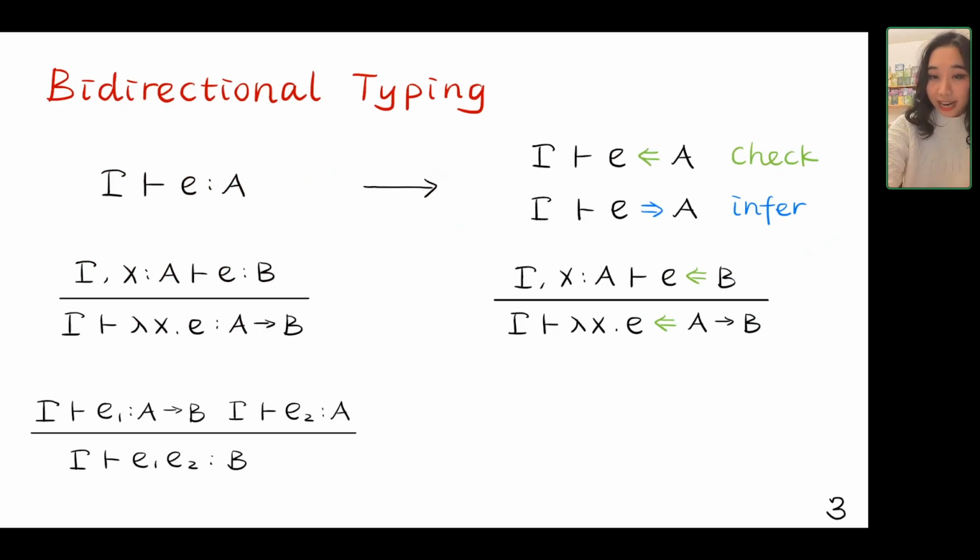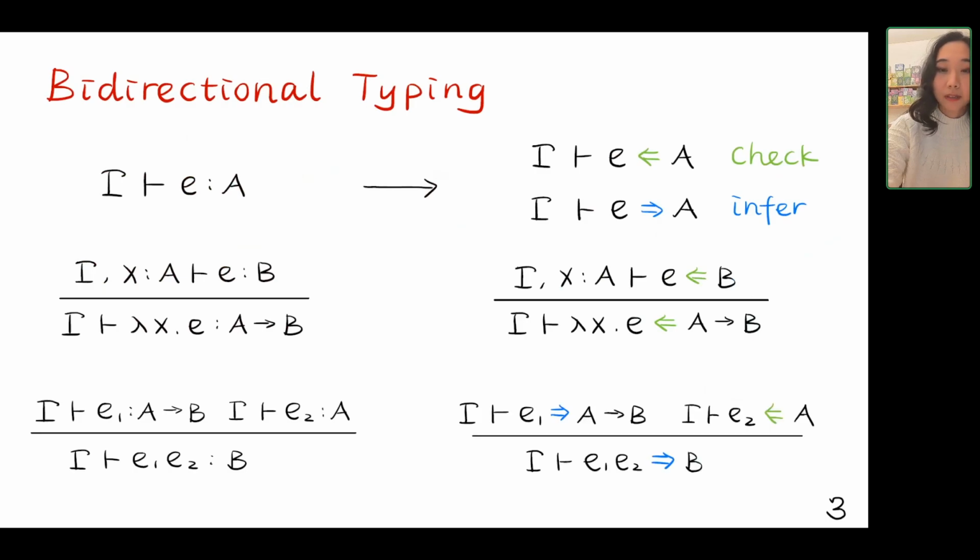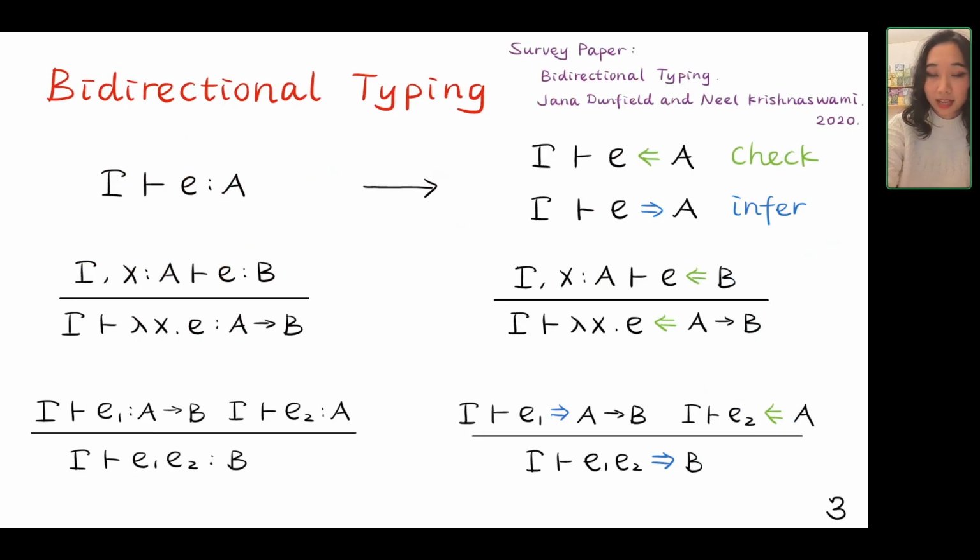So we're going to check lambda abstractions while inferring function applications. The choice of whether to check or infer might seem arbitrary at first glance, but these are carefully crafted according to a series of criteria and recipes people have come up with over the years. The example I'm using here comes from the Pfenning recipe. If you're interested, you can read more about bidirectional typing in the recent survey paper by Jana Dunfield and Neel Krishnaswami.